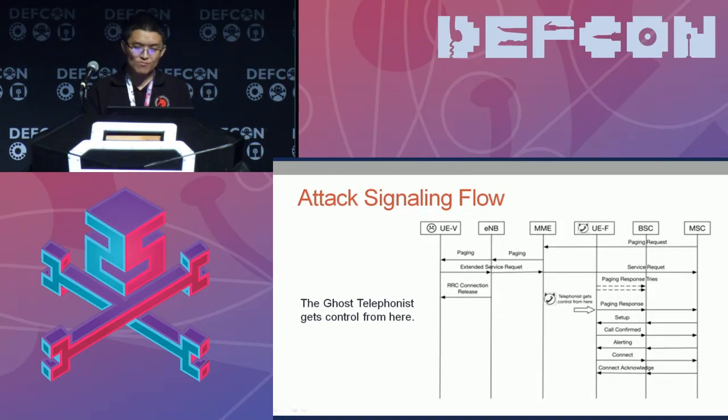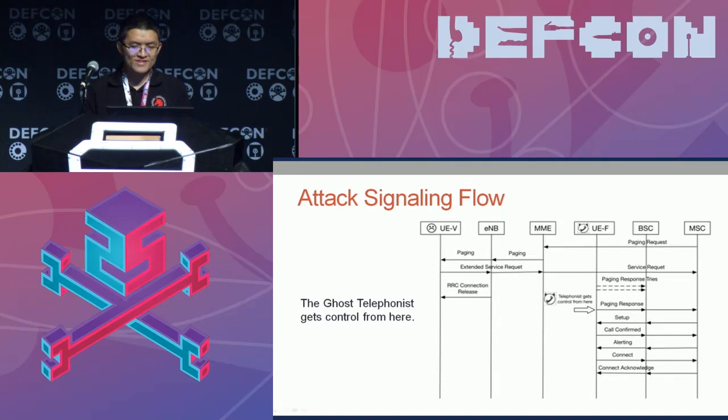When the victim receives the paging request, it will send to the eNB an extended service request to ask for a CS fallback to accept the incoming call in 2G.